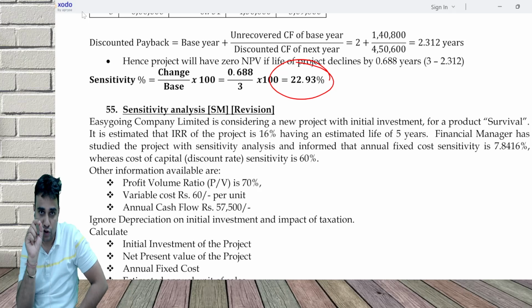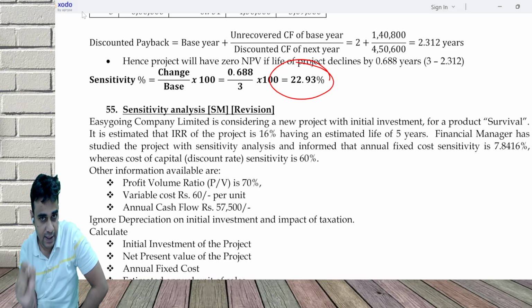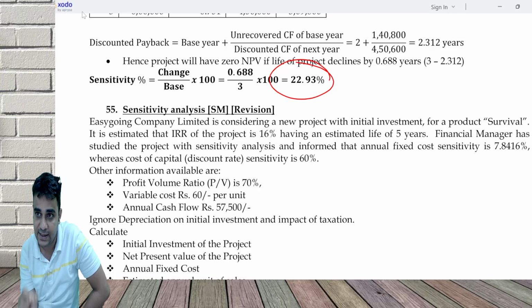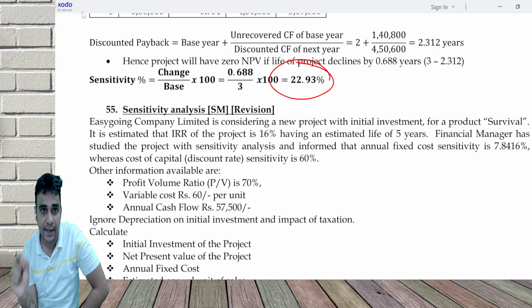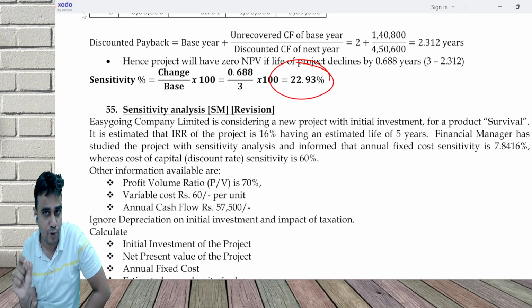If the cost of capital increases by 60%, NPV will become 0, which means IRR is equal to 160% of my cost of capital, because if cost of capital increases by 60%, NPV is going to become 0.